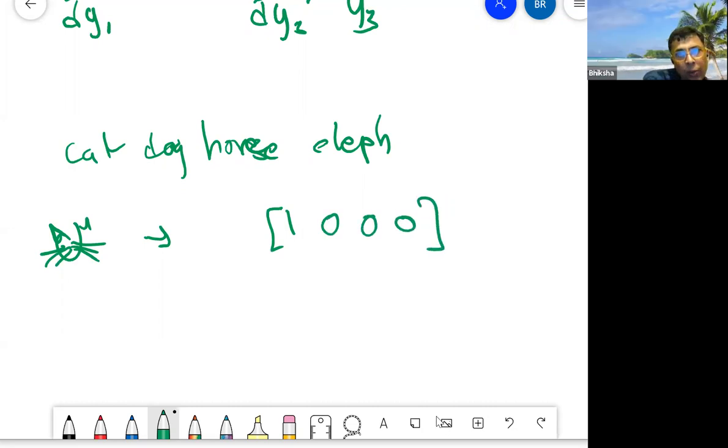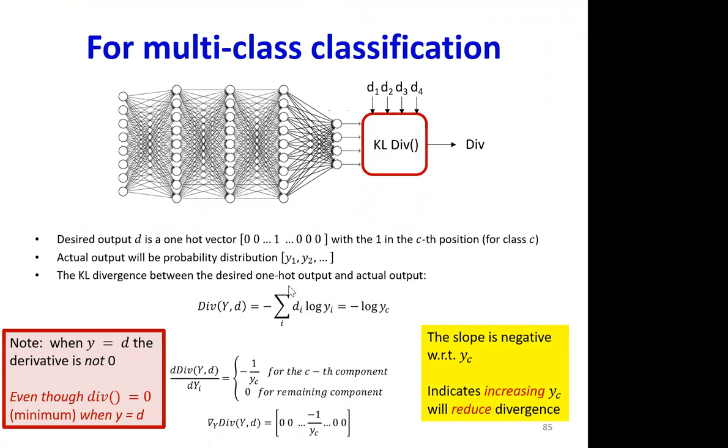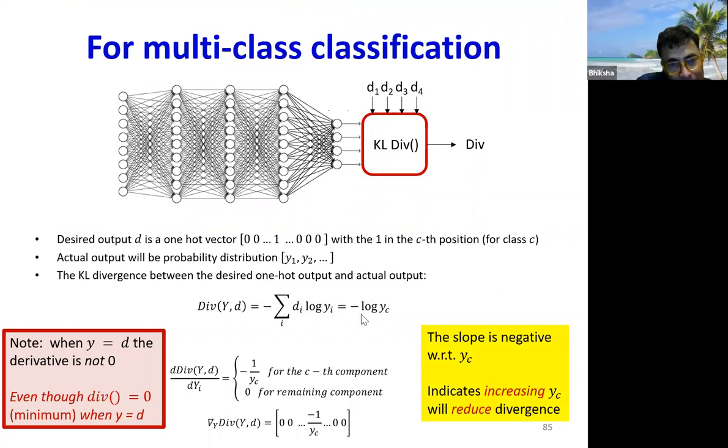So this guy over here is the desired output. It's going to be 1000. And this is the output of the network. Ideally, you also want that to be 1000, but it might be anything, right? And so the divergence between those two is given by this formula over here, which just ends up, as we saw, being minus the log of the probability assigned to cat by the network.